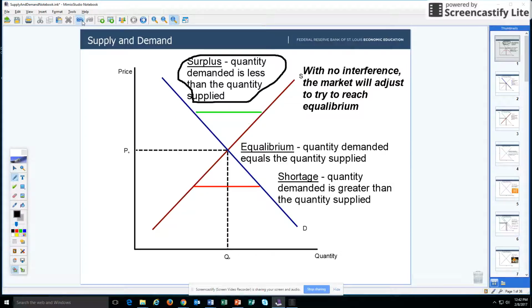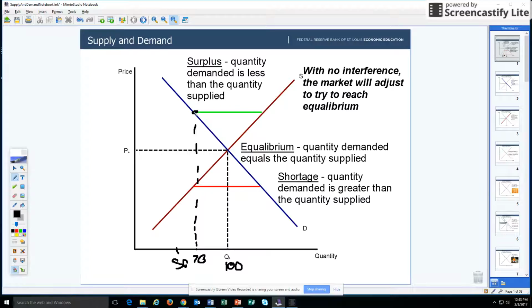If you look right here, this is our demand. Say this is 100, and right here would be about 50, and right here would be maybe 70.